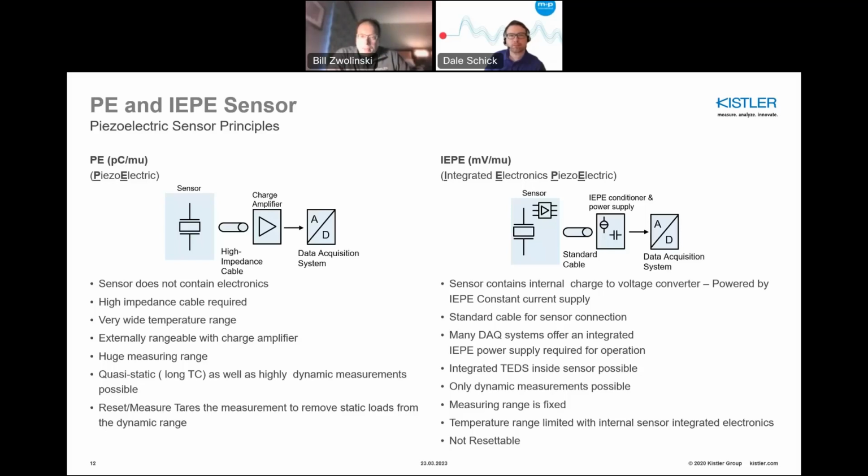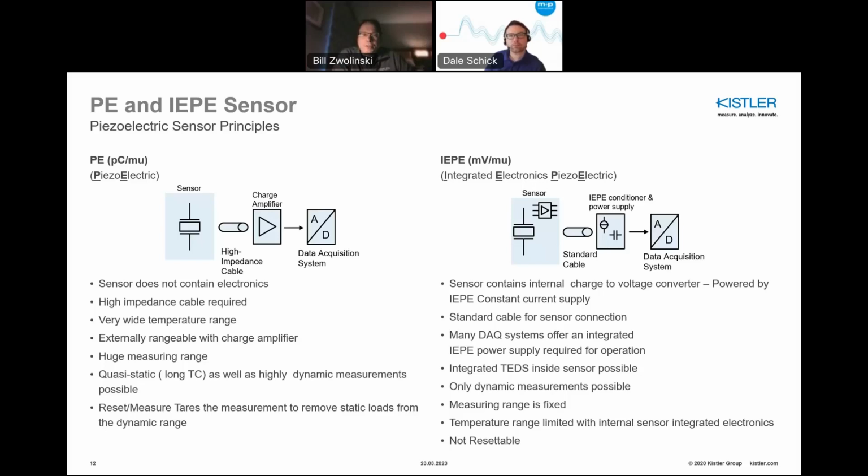Also, these sensors are mainly for dynamic measurement, and doing quasi-static measurement or what is required for preloading is often quite a challenge because of the dynamic nature of the sensor. With regard to piezoelectric, on the other hand, the electronics is outside, so you have full control of rangeability. You have full control of quasi-static, so you can create ranges that complement whatever your preloading might be for the force sensor.